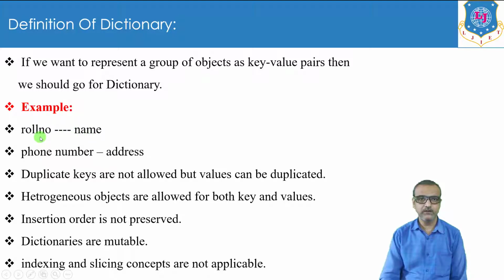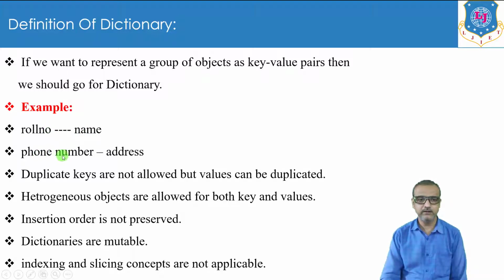So roll number is key and name is value assigned to key roll number. If I say roll number equals to 1, and I assign a name as Amit, then 1 is key and Amit is a value assigned to key number 1.